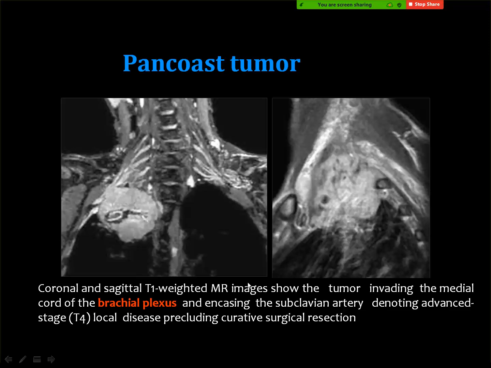It is non-operable when it invades one of three: the brachial plexus nerve roots, the subclavian artery, or the subclavian vein. And these three structures cannot be evaluated by CT.